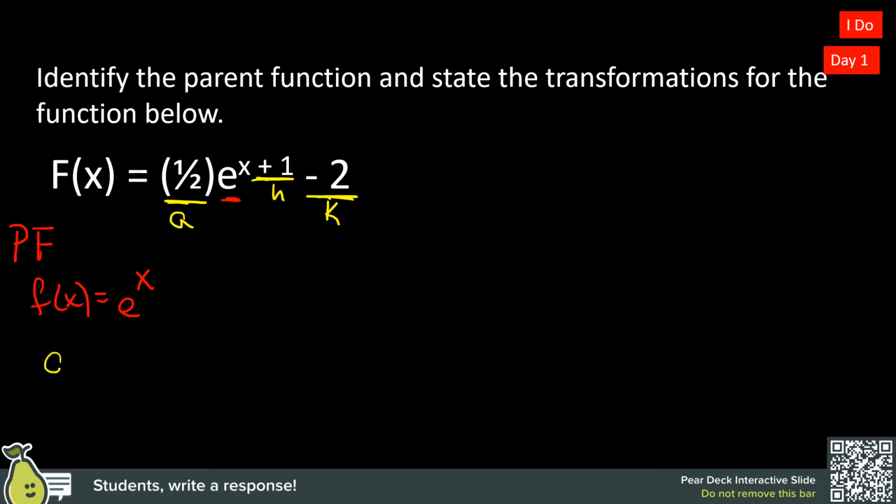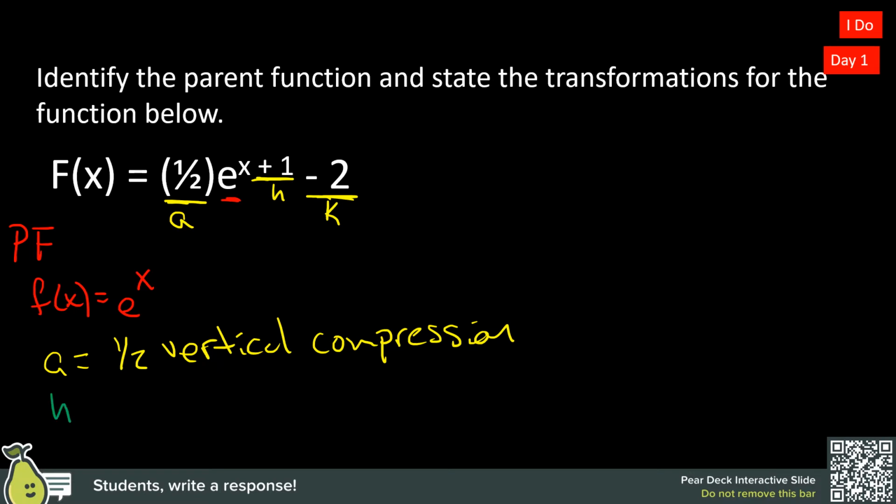So I have an a equals 1/2, and because it's a 1/2, it's going to be a vertical compression. Had it been a value greater than 1, well, then we would have had vertical stretches. Okay.